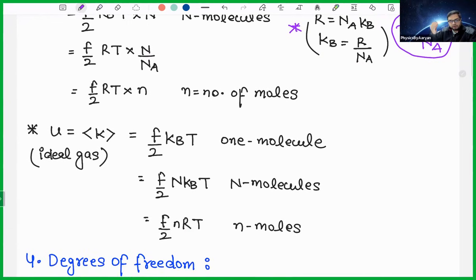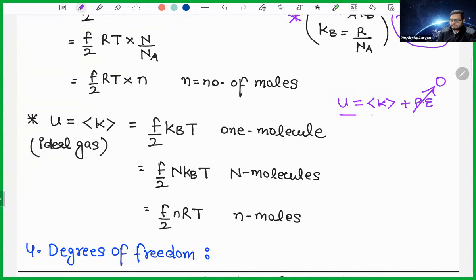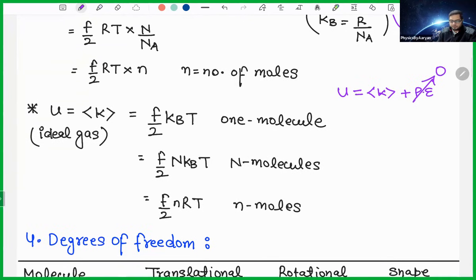For ideal gases, as we already discussed, internal energy is only kinetic energy because there is no potential energy in ideal gases. No interaction, no potential energy. So internal energy and kinetic energy are equal. It means all these three formulas are the internal energy of my ideal gases.